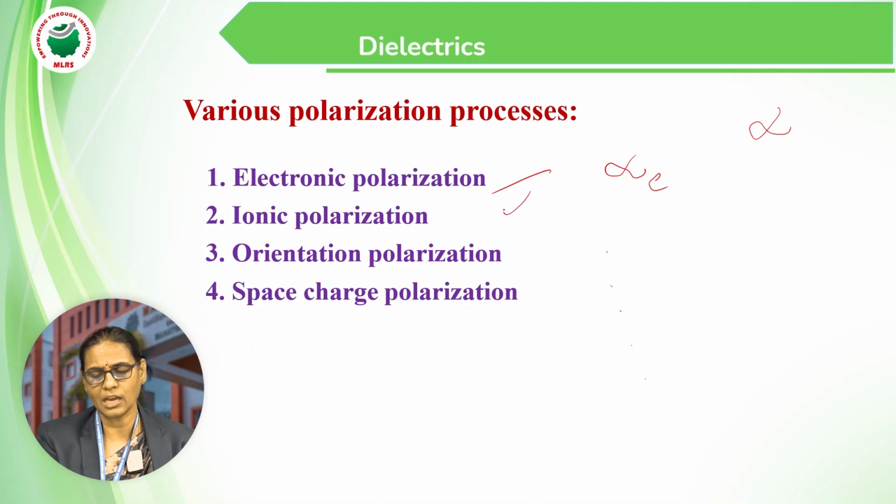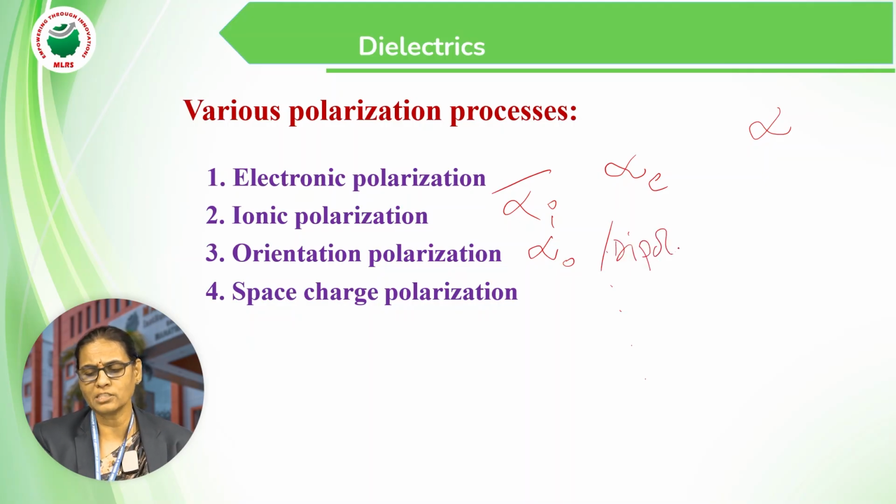Second, ionic polarization, which we represent by the letter alpha I. Third is orientation polarization, which is represented by alpha naught. This is also called dipolar polarization.